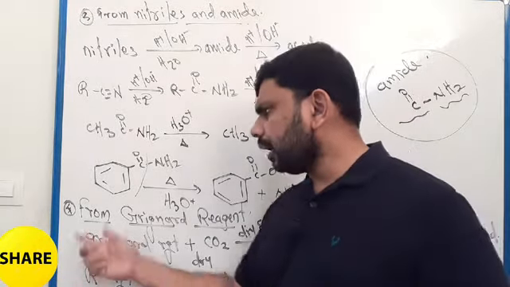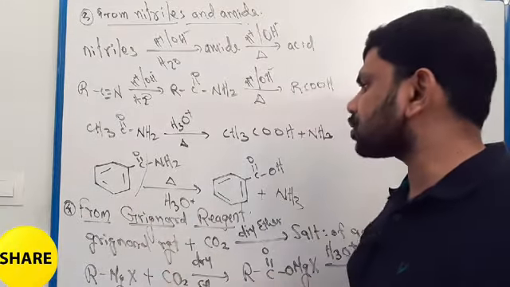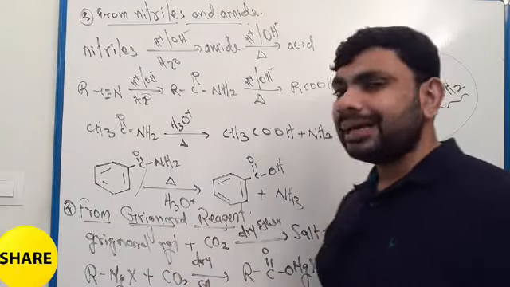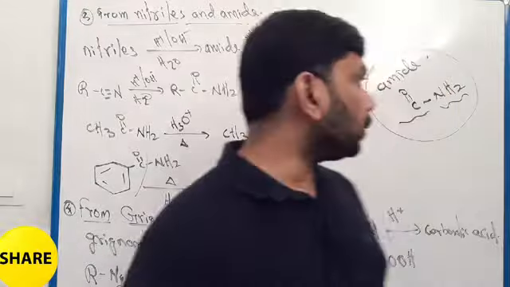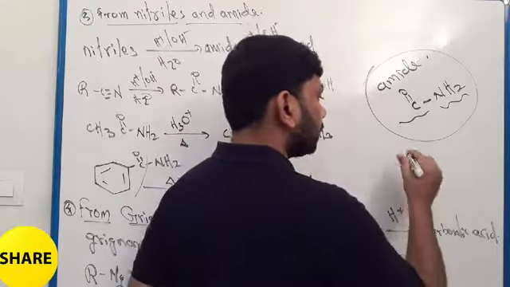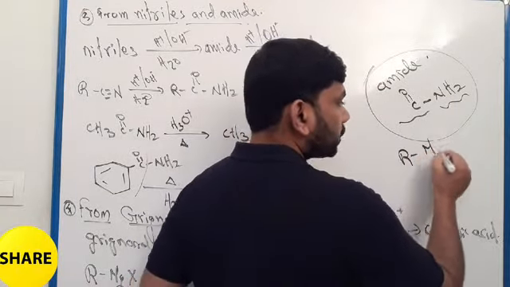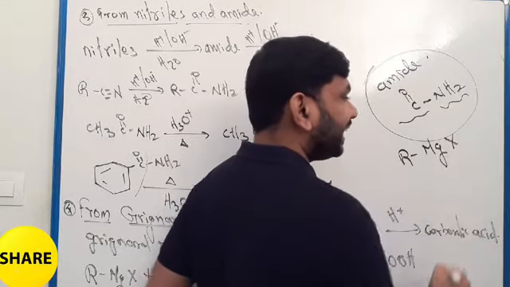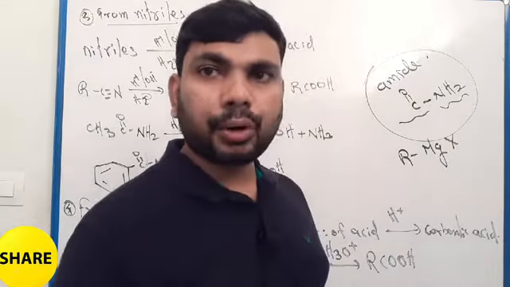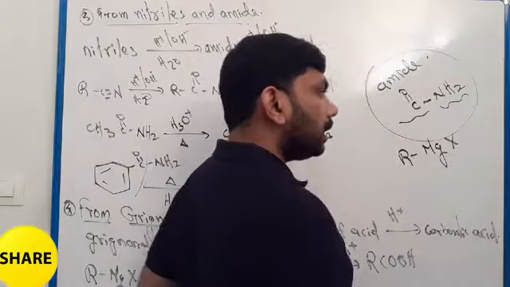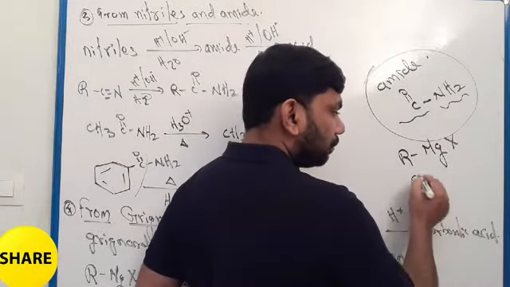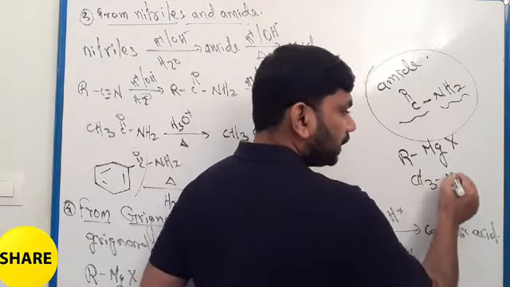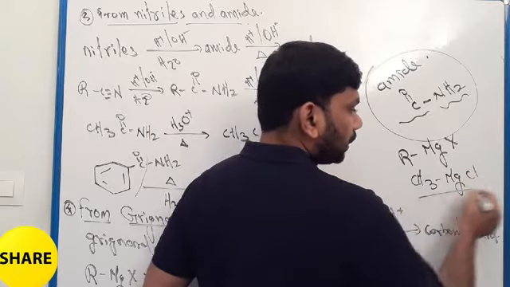And here, the fourth method of preparation of carboxylic acid is from Grignard reagent. We know the general formula for Grignard reagent is RMgX, where X means a halogen: chlorine, bromine, iodine. An example of a Grignard reagent is CH3MgCl.